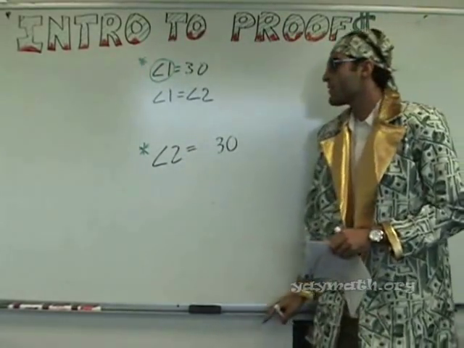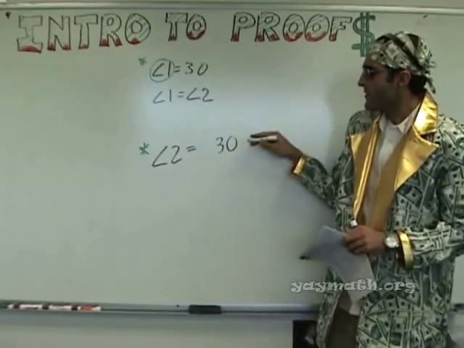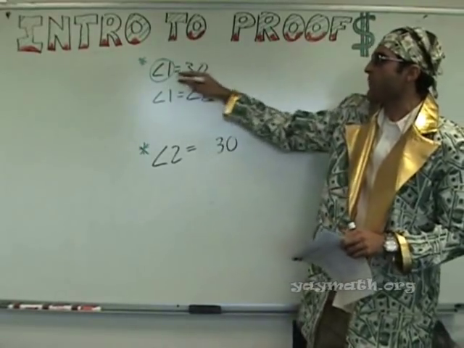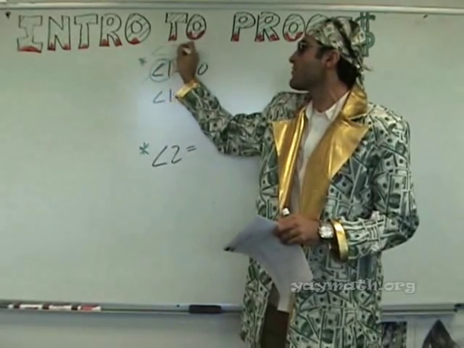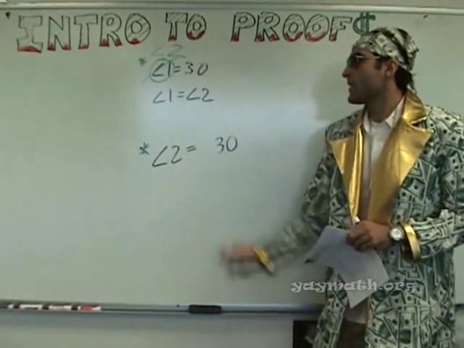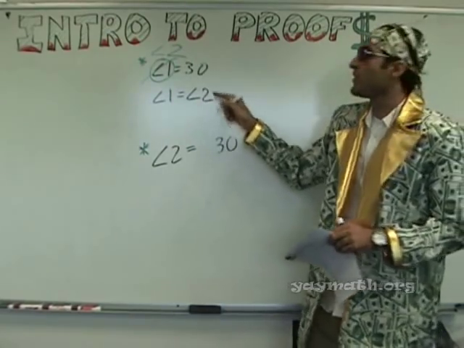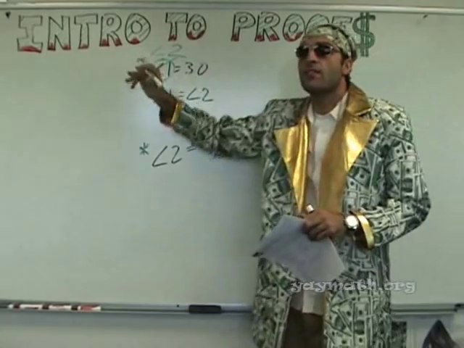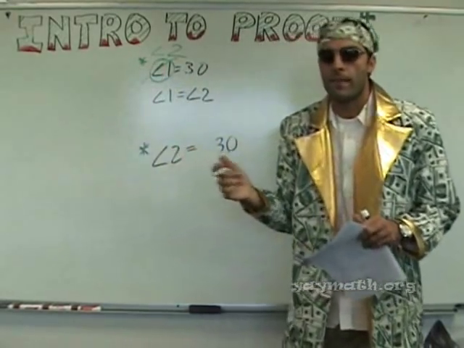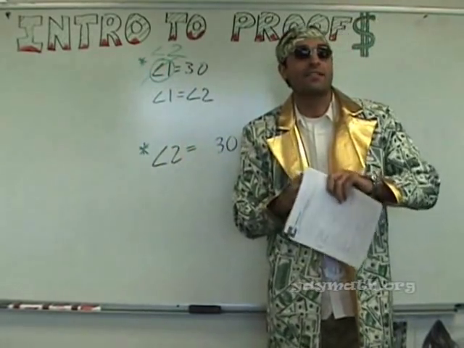So then would you agree that this is the exact same as this, except we took this out, and in its place we put angle 2? Yes, because 1 is equal to 2. So when you take something out and put something in its place, that's called substitution. That's a property that's going to come up a lot, substitution.